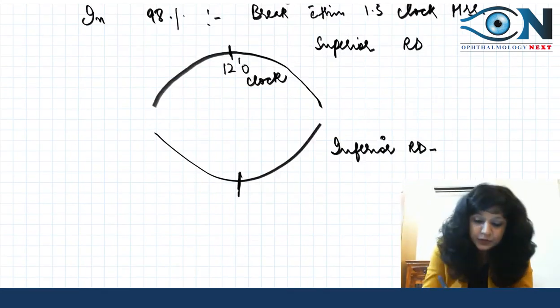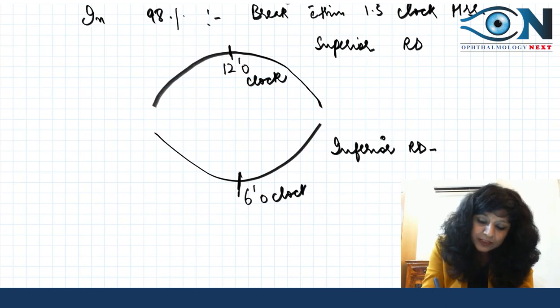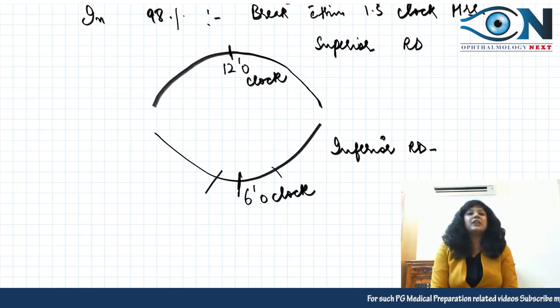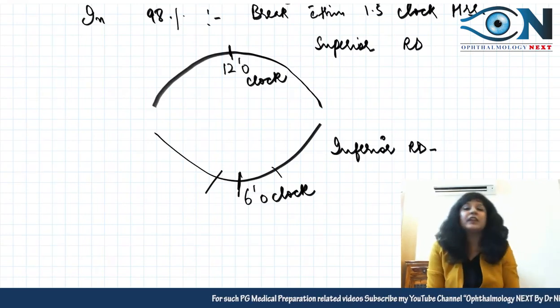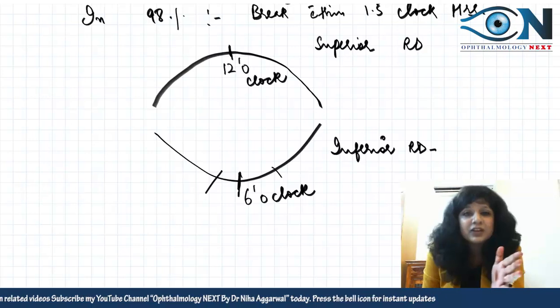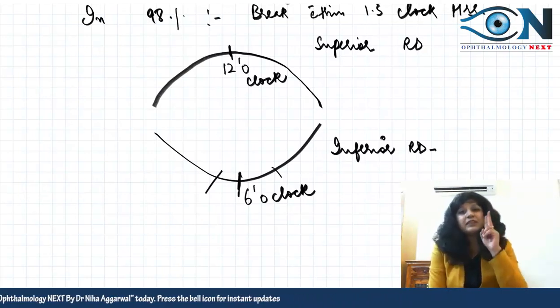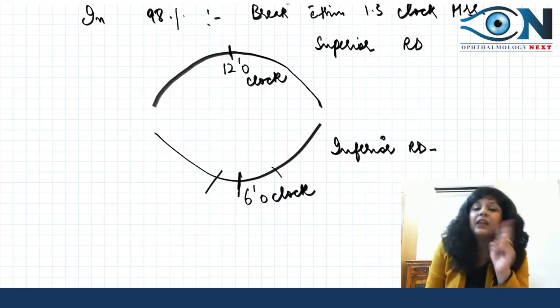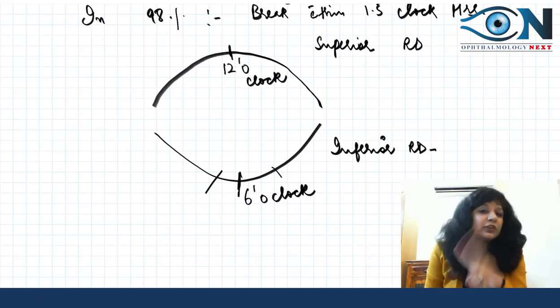Lowest point here, so search around 6 o'clock. Then you will get it either here or here. So this is a very, very important clue which will give you the tear most of the time, and you have to search for it. Second thing, always remember that we can have two tears also. So just by getting one, don't get complacent, search for the other.